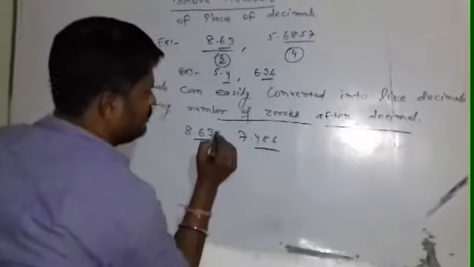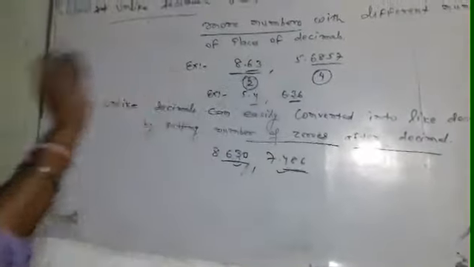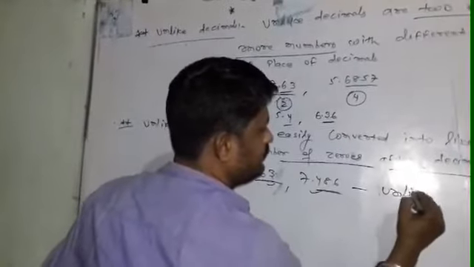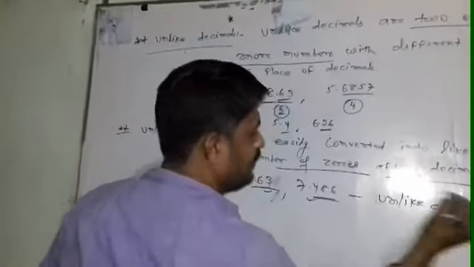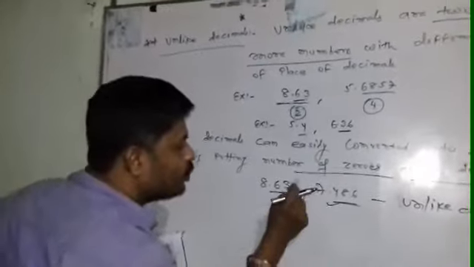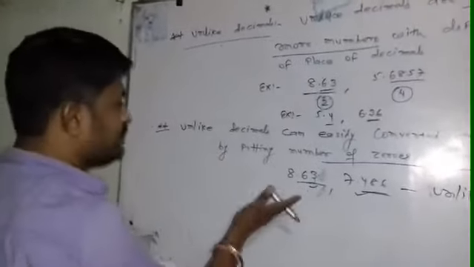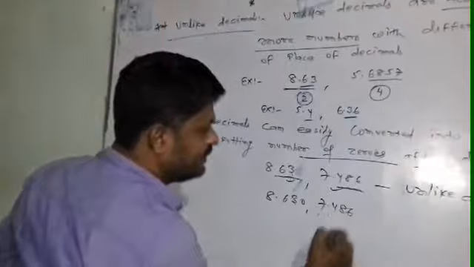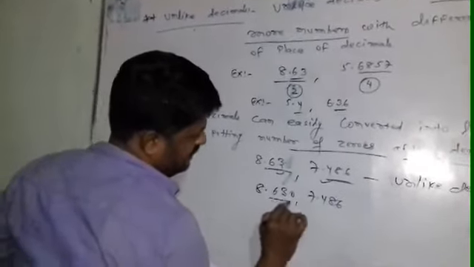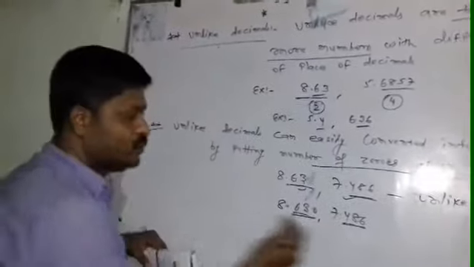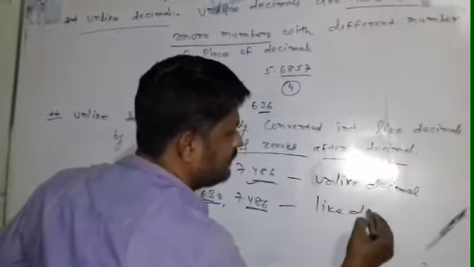If we put one 0 after 8.63, it becomes 8.630 and 7.486. Now three digits exist after the decimal in both, so it is changed into like decimals.